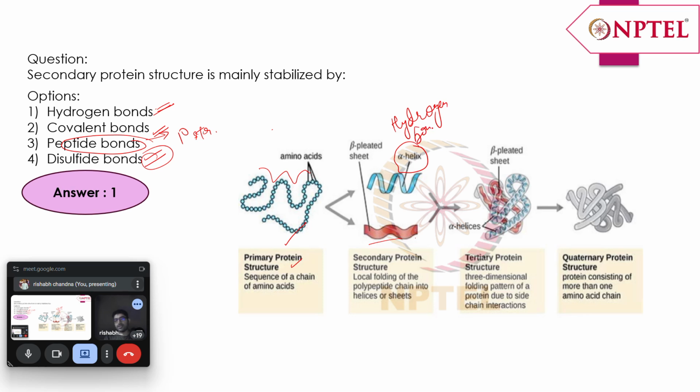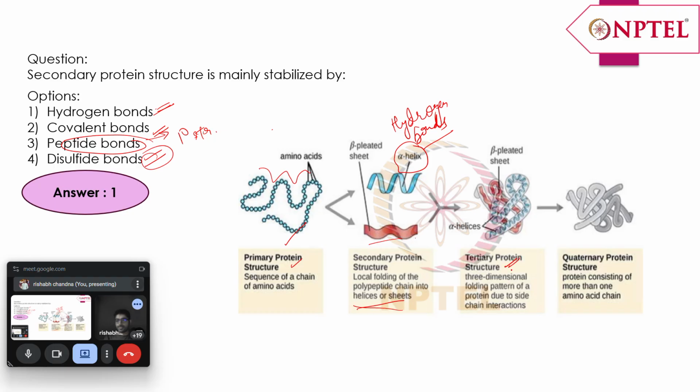That means the amino acids fold upon themselves to form helices or sheets. Now these two fold upon themselves more to form a more constricted structure that gives the tertiary structure of the protein.